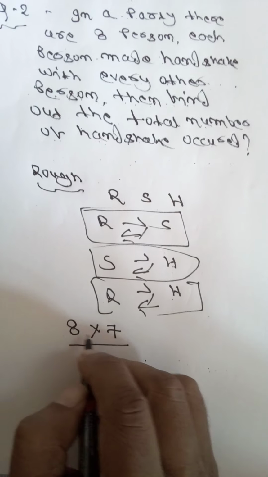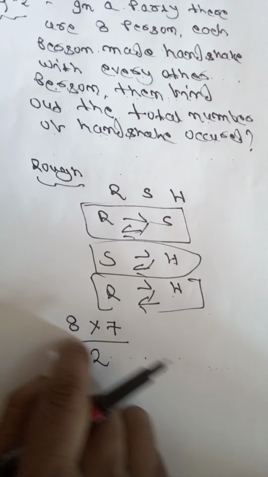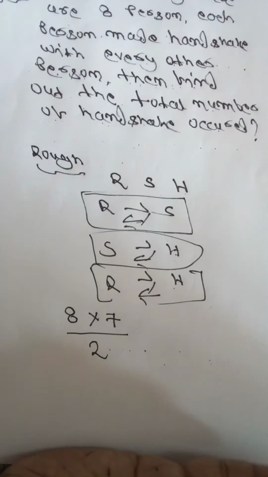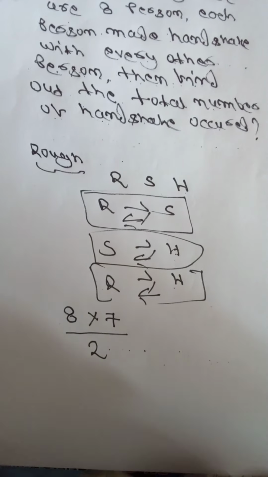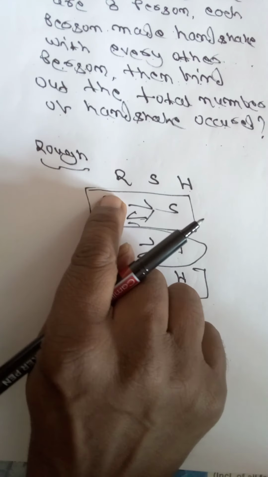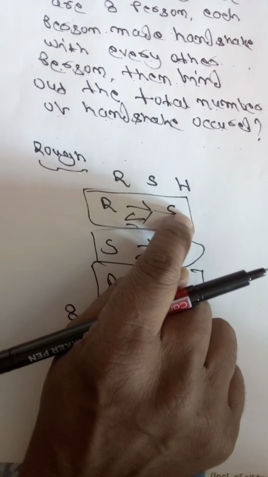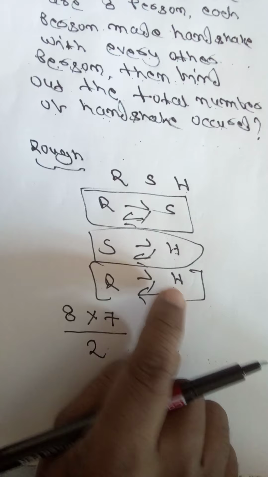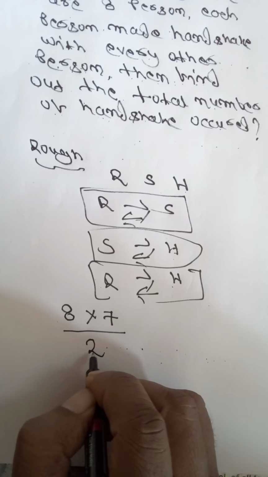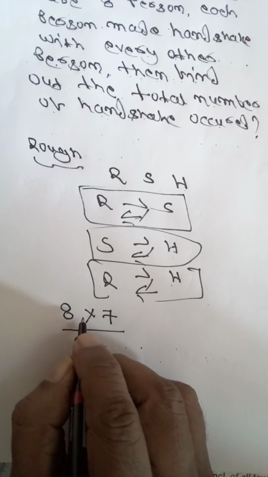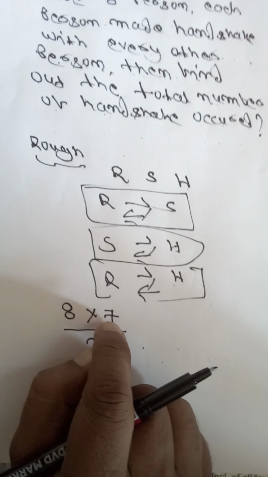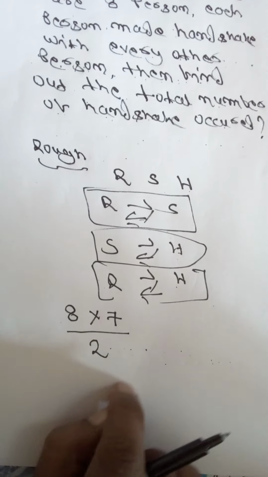If it were a case of distribution of sweets, then the answer would be 8 into 7, because if Ram gives sweets to Sam, you cannot conclude that Sam gives sweets to Ram. But in case of handshake, if Ram shakes his hands with Sam, it means Sam shakes his hands with Ram. So in case of handshake, you just divide by 2. 8 into 7, the total number of persons into 1 less than the total number of persons, divided by 2.